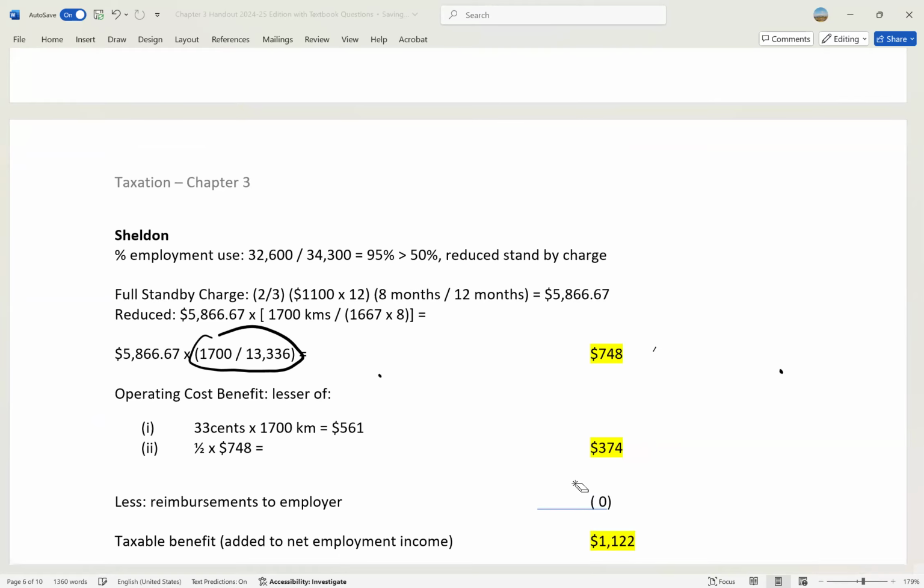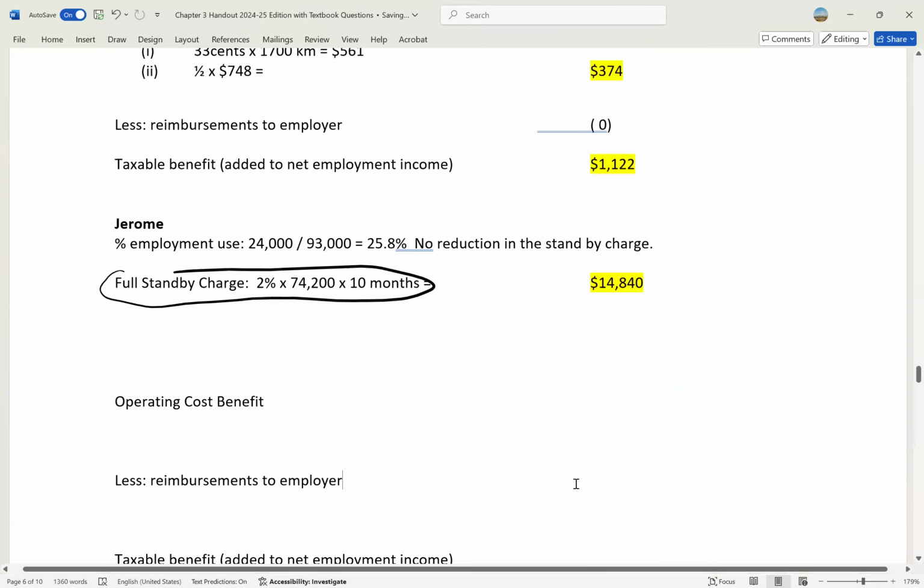For Sheldon, the lease payments were $1,100 per month, which is quite high. If the car was maybe a more modest car, the lease payments per month may only be $300 or $400. So the benefit would be a lot lower if it was a less valuable car. So with Jerome, no reduction to the standby charge.